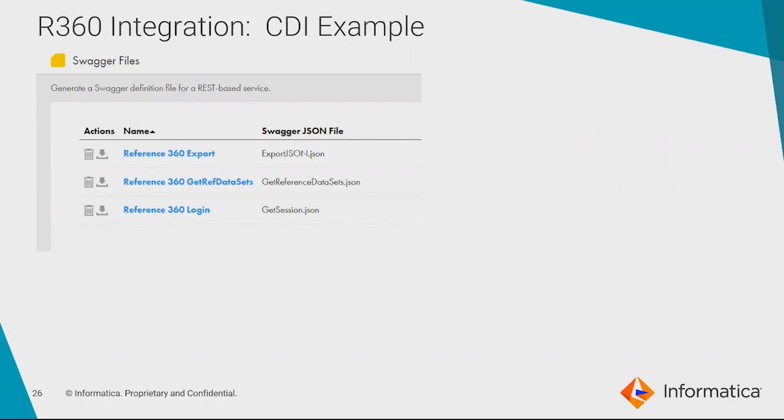So here, for example, I'm defining 3 Swagger files: one for the login, which is the get session, one to get the list of reference data sets, and one to actually do the export. Just the same 3 APIs we were just looking at.